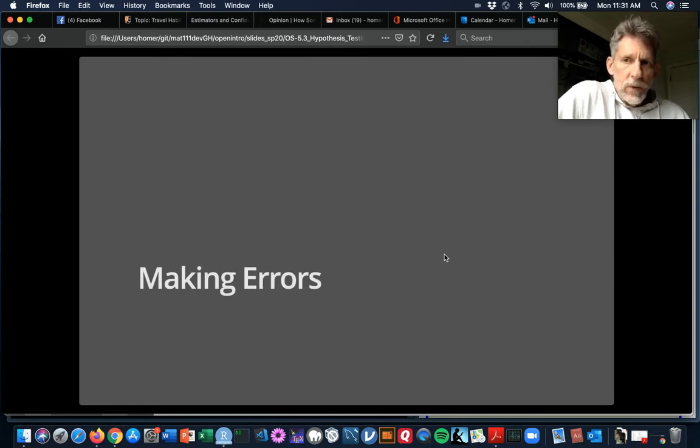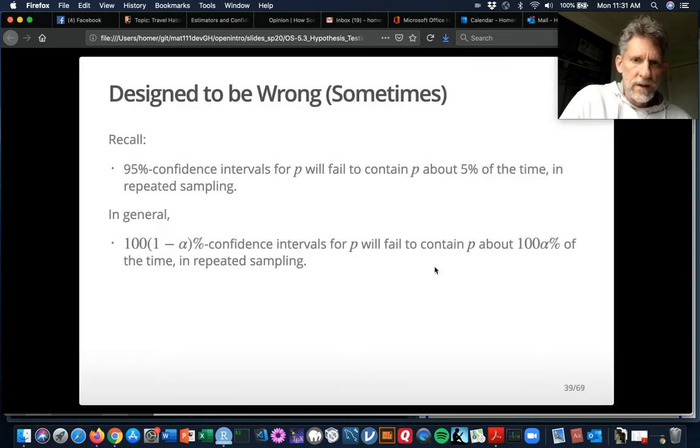Another topic for this screencast is the topic of making errors. Our methods, like our confidence intervals, attempt to provide this range of reasonable values, but we have seen that sometimes confidence intervals don't contain the population parameter that they're trying to give you some idea about.